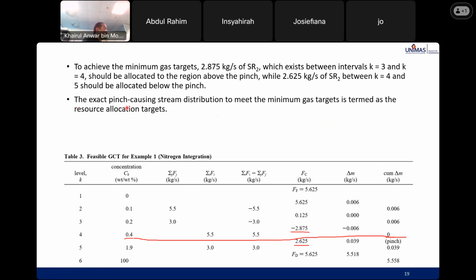The exact pinch causing stream distribution to meet the minimum gas target is termed as the resource allocation target.